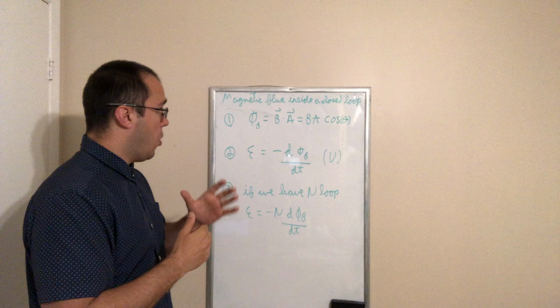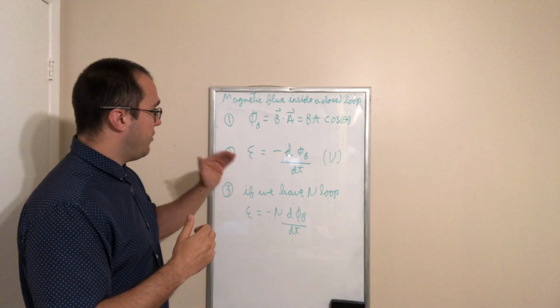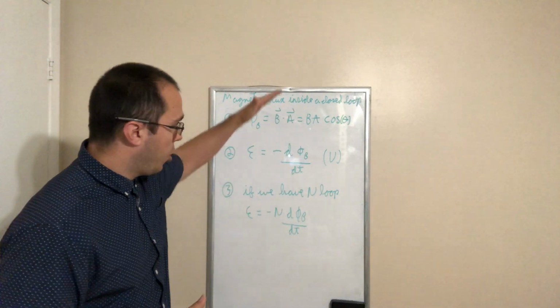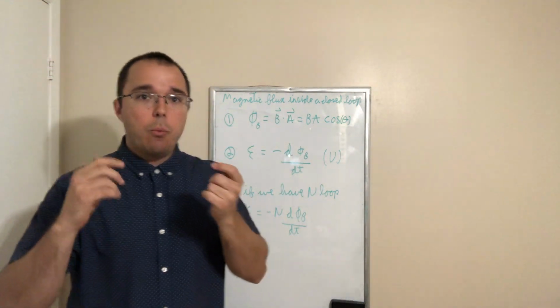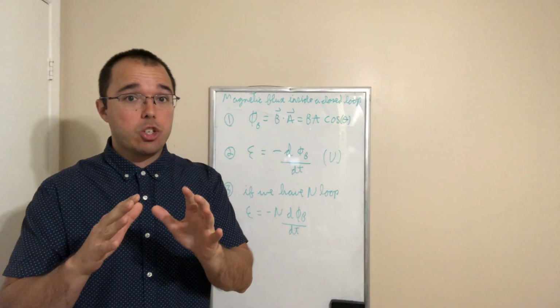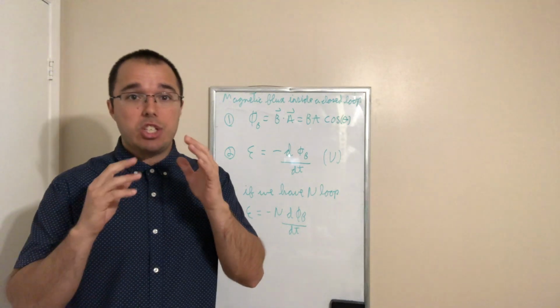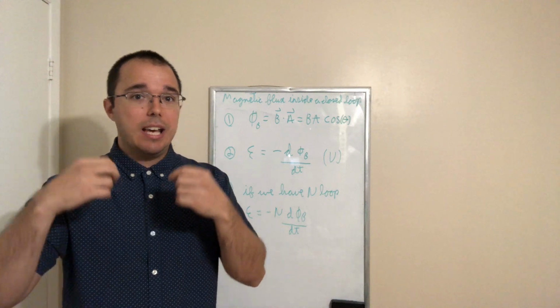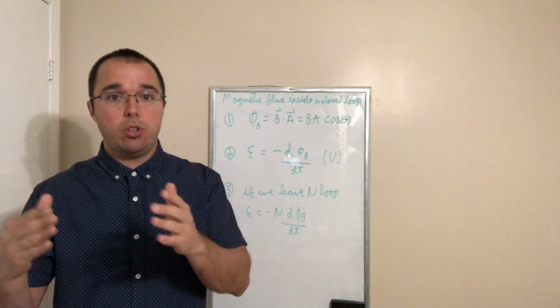All right, so in the next video, what we are going to cover is, okay, we know what creates this electromotive force, and we will need to figure out in which direction the electromotive force will point. And what we will see is that it is a consequence of Newton's third law.